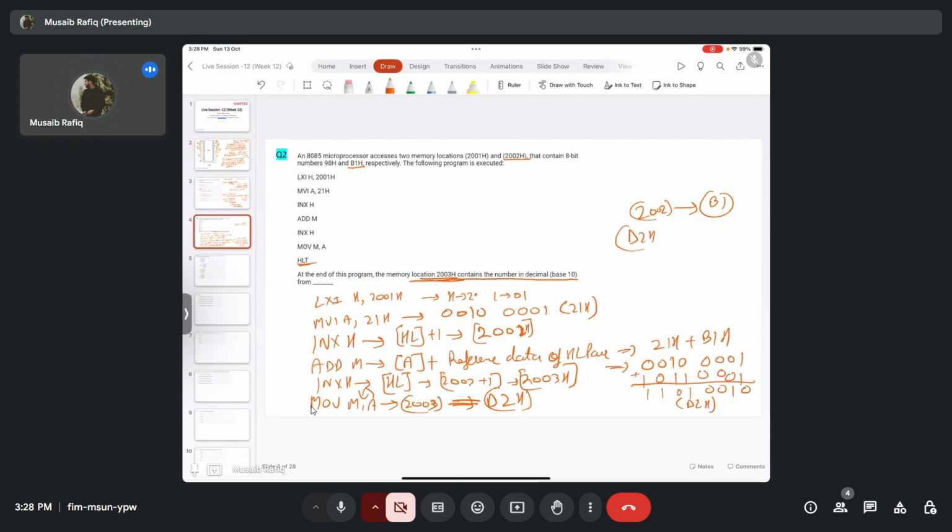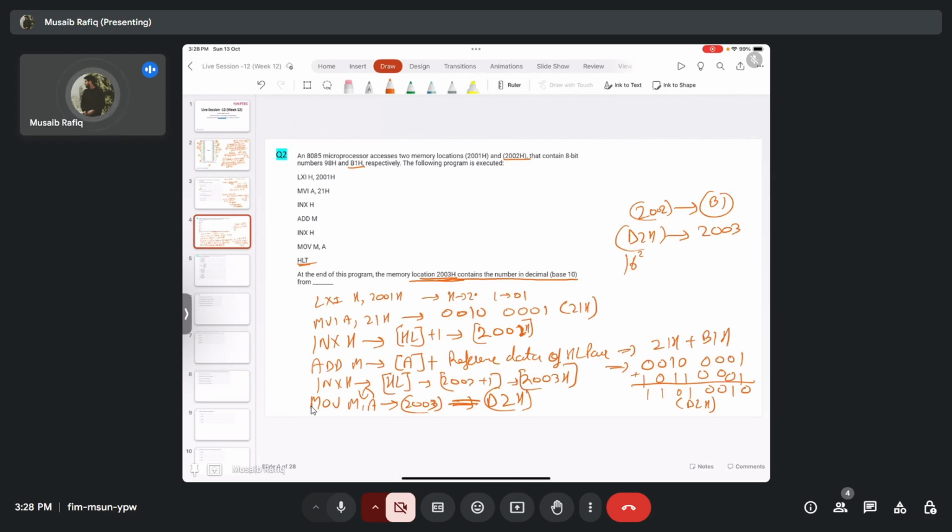So D2 hex will be present at 2003, and D2 in decimal will be, is it 16 square?